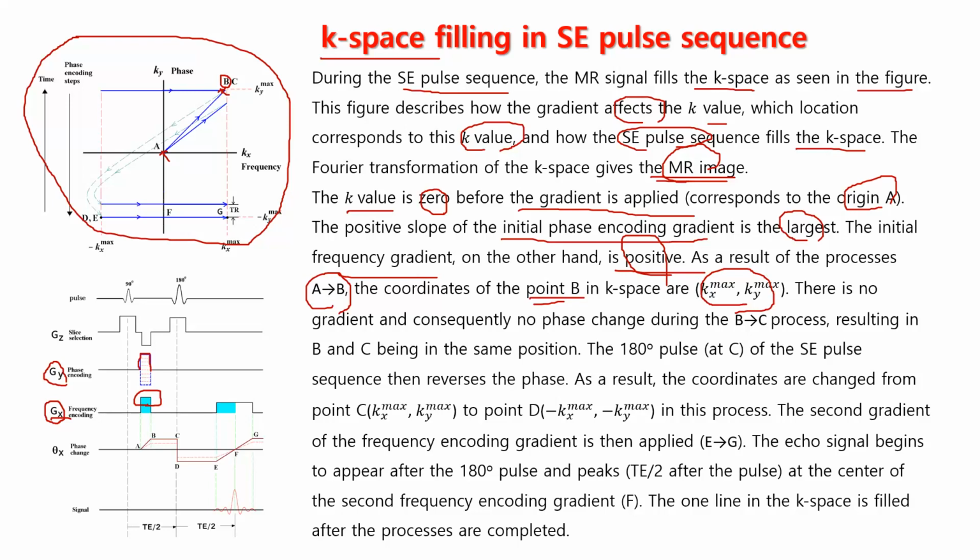There is no gradient and consequently no phase change during the B to C process, resulting in B and C being in the same position. So from B to C, there is no gradient. So B and C are in the same position.